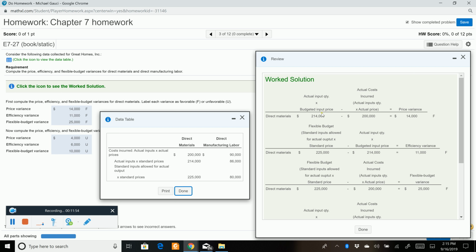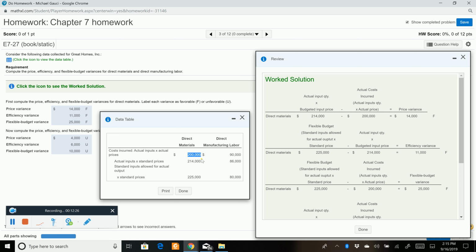Looking at materials first, we can see that the actual costs for materials were $200,000. That is the far left-hand column. The far right-hand column is basically the flex budget, which is really the budget for the actual level of activity times the budgeted price.